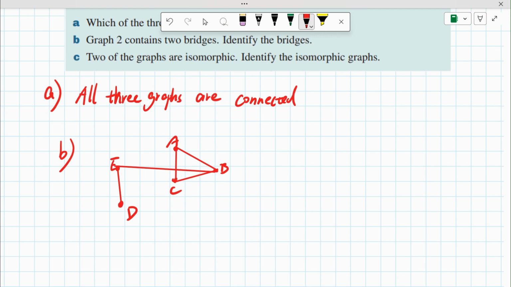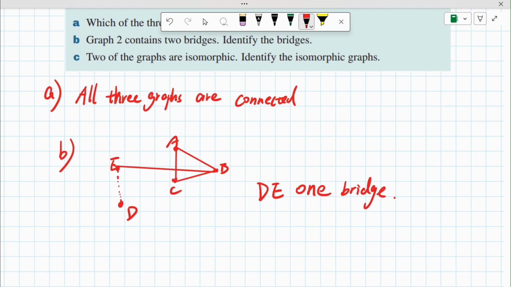So we will have two different bridges. The first one: if we remove the edge E to D, the graph becomes disconnected. So that's bridge 1. We can say DE is one bridge. And another one: if I remove this one, D and E are not going to be connected.